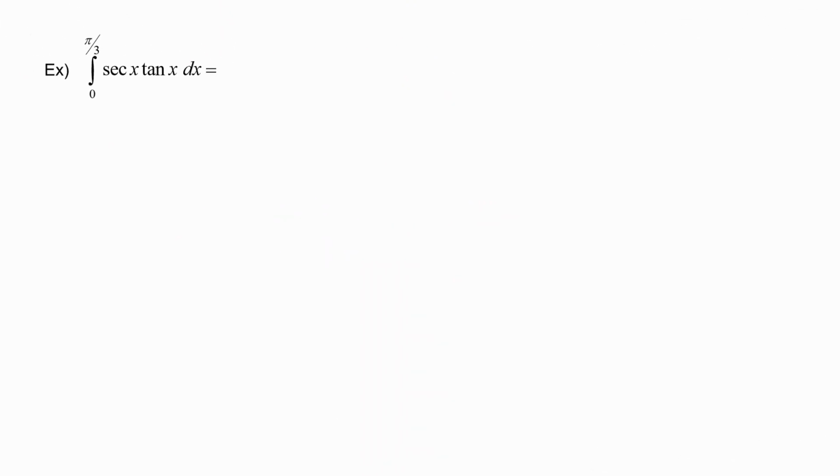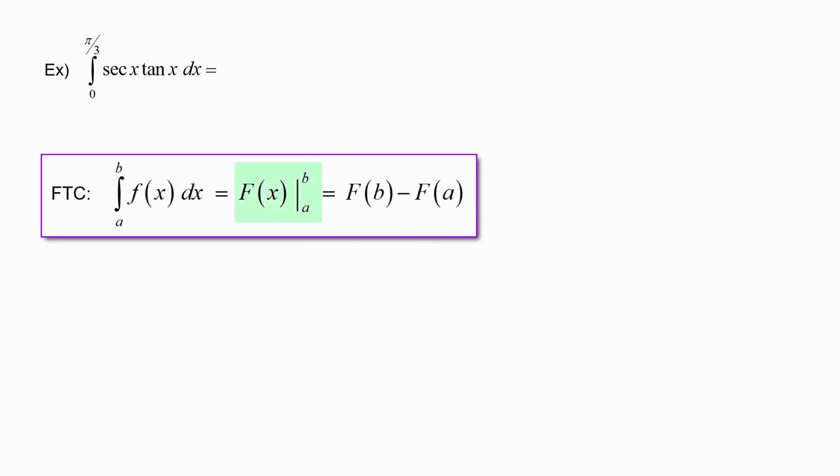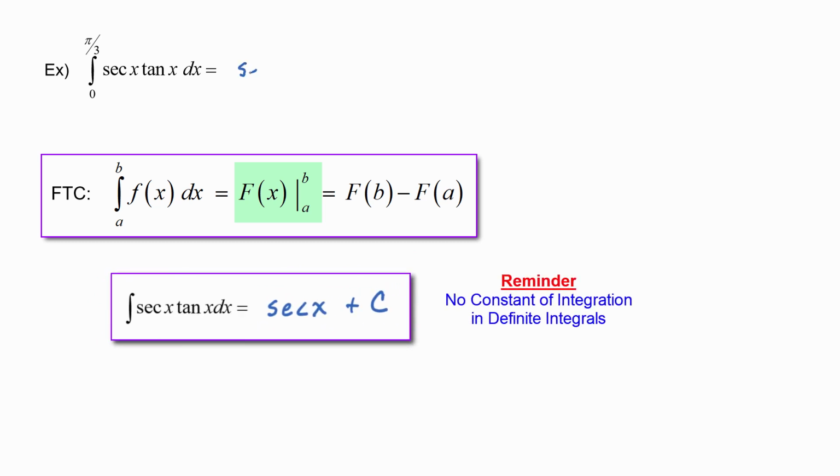In our next example, we have the integral from 0 to pi over 3 of secant x tangent x dx. We will be applying the fundamental theorem of calculus here. So the integral of secant x tangent x dx we know is secant x, and we will evaluate that from 0 to pi over 3.